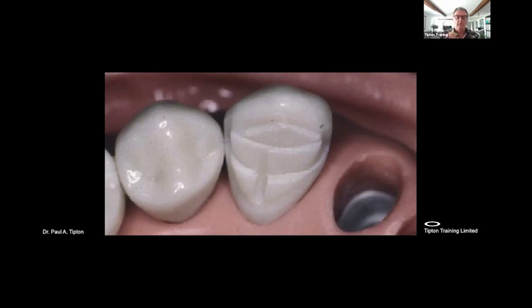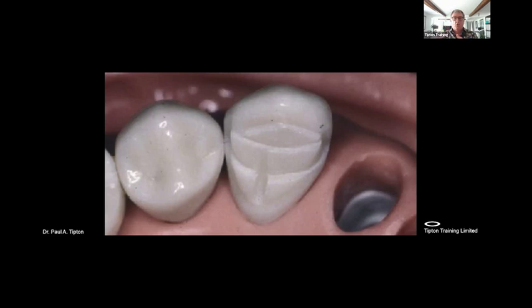What can we do? We can put rest seats in place. And in this instance, I put one rest seat, second rest seat, third rest seat. What does a rest seat do? We have an inclined plane. By putting a rest seat in, it now does two things. It gives you resistance form to apical displacement. The second thing is it gives you a vertical wall.